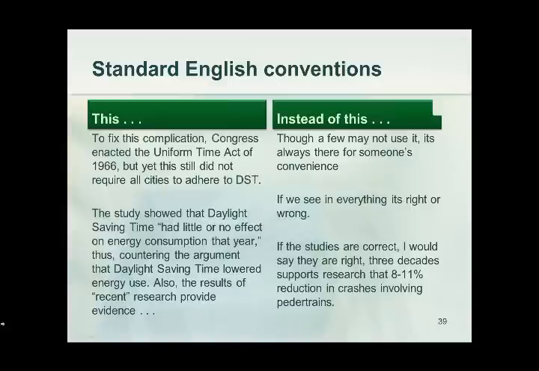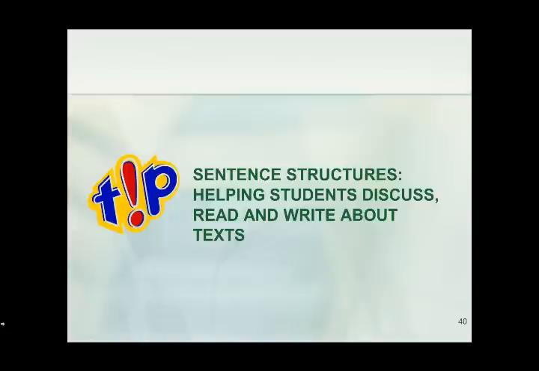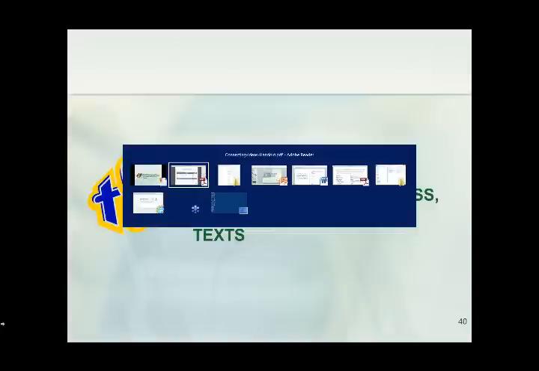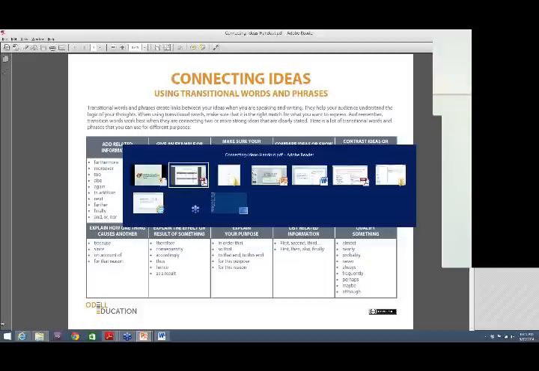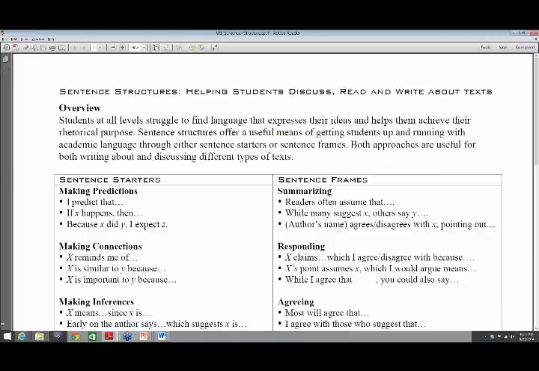So a little tip for you, and this little tip comes from Graf and Bergstein. It's something called sentence starters or sentence frames. Oftentimes our students just need to know what format is formal writing. What should I be saying? And so these sentence starters and frames, which again you can download, will give you some ideas.